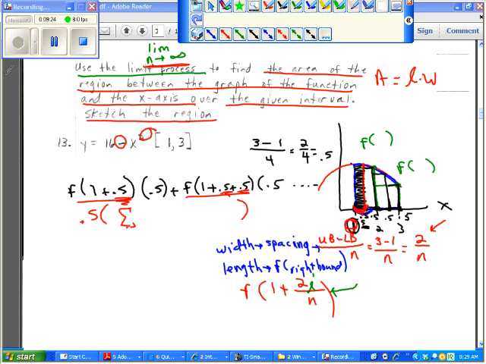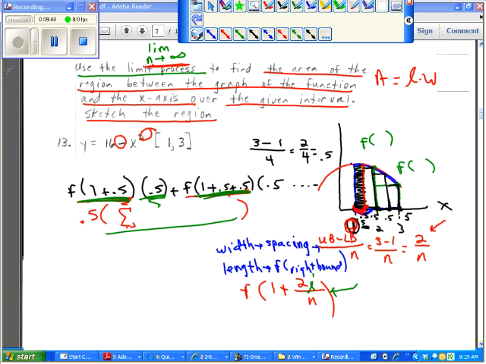I need that width once, I need that width twice, I need the width 3 times. And so as we apply the counting mechanism, that's going to give us each of those heights, or each of those lengths of the rectangle. And so we're going to have the width times the summation of the lengths.